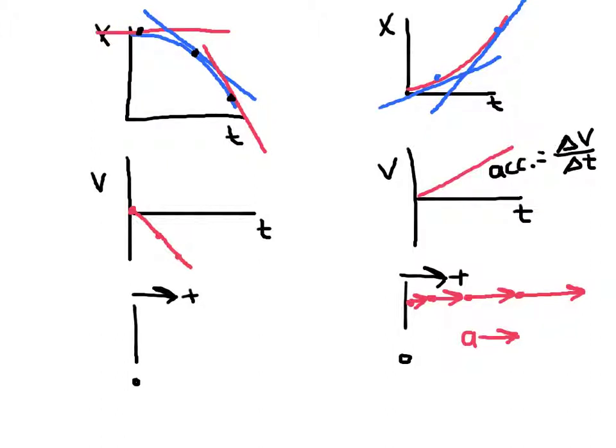So we might draw our initial dot for our object at a positive position far away from the zero on our motion map. Now what kind of arrows will we have? Well, at first we had nearly a zero slope, and it just starts to incline in the negative direction.